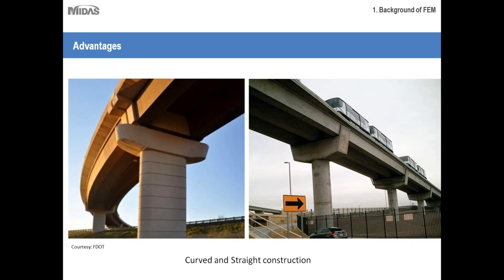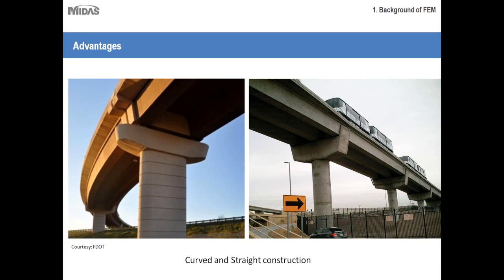Then it can be used for curved bridges as well as for straight bridges. Like I mentioned earlier in the presentation, engineers have developed this practice that every time we are talking about concrete, we consider it for curved bridges only. But this section is very efficient for handling both types of girder arrangements.